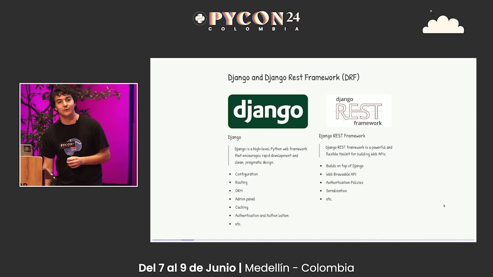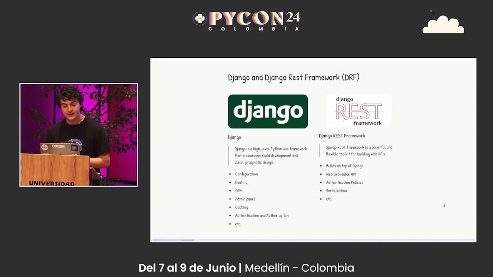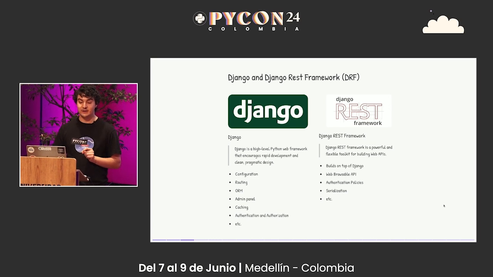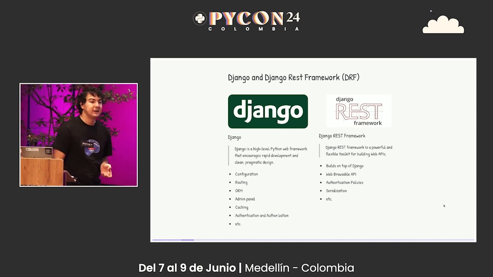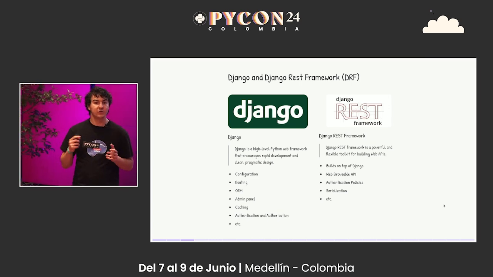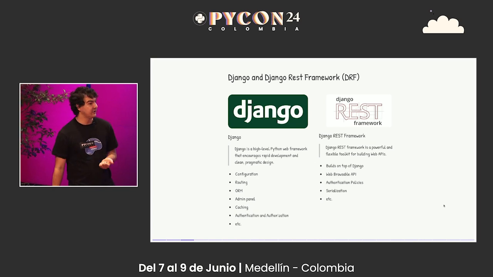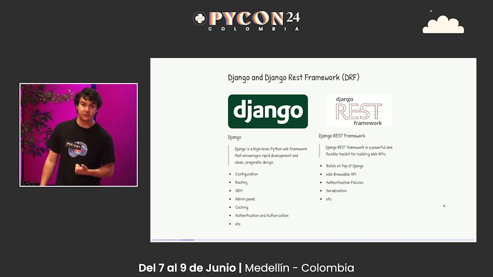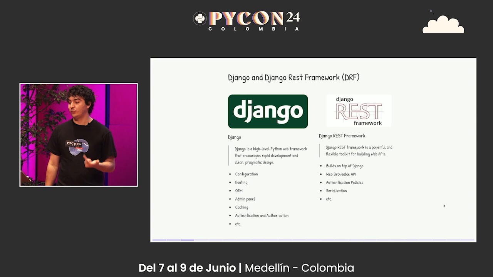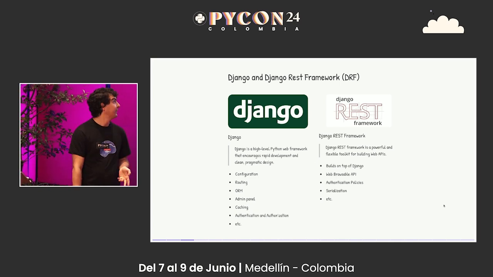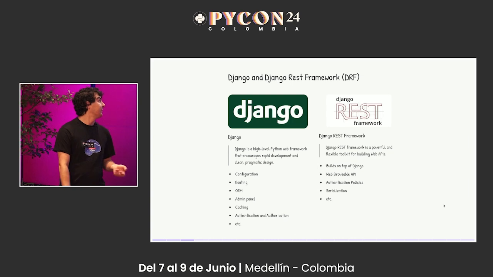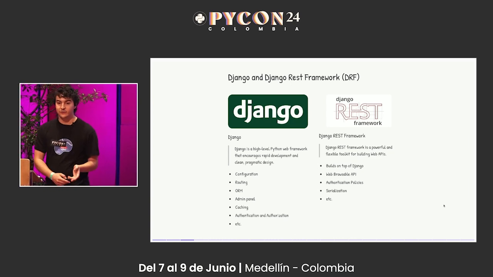Django, like you can read going through the documentation, is a high-level Python web framework that encourages rapid development and clean, pragmatic design. It's a library that offers you a whole bunch of things that you will need when building websites. It's very mature. It offers configuration, routing, ORMs, admin panel, a very nice admin panel, caching, authentication, authorization, among many other things.